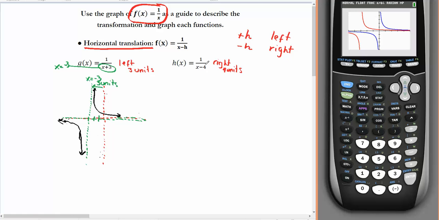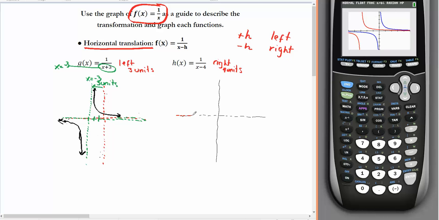So then when we try to sketch this one, we know that our horizontal asymptote is going to stay the same. But the y-axis is no longer the vertical asymptote. I'm sorry, I'm trying to do 3 different things at the same time.